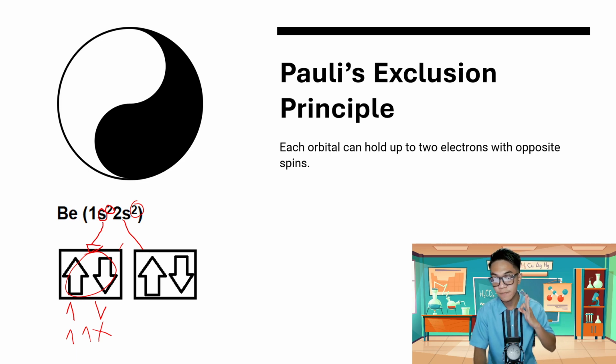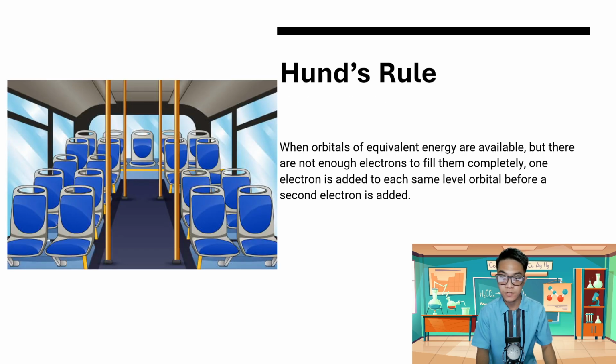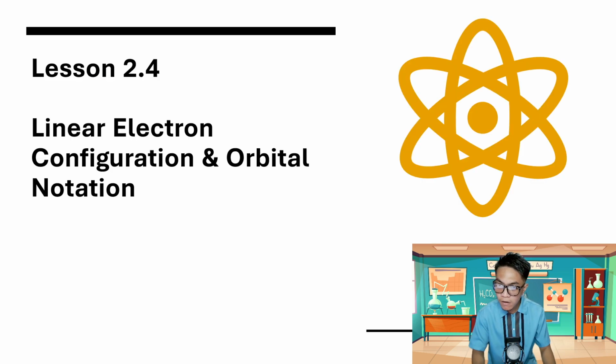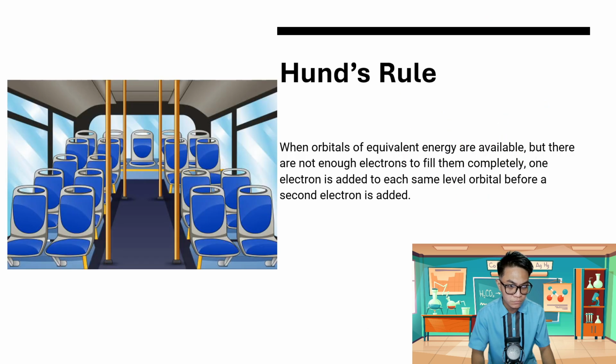We only have 3 principles in linear electron configuration. Now the third one will be Hund's rule. So to simplify what this is all about, Basically, Hund's rule tells us about that.